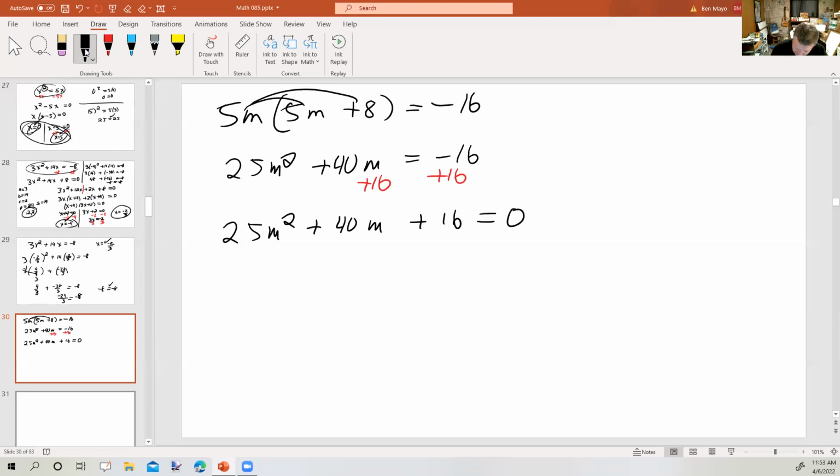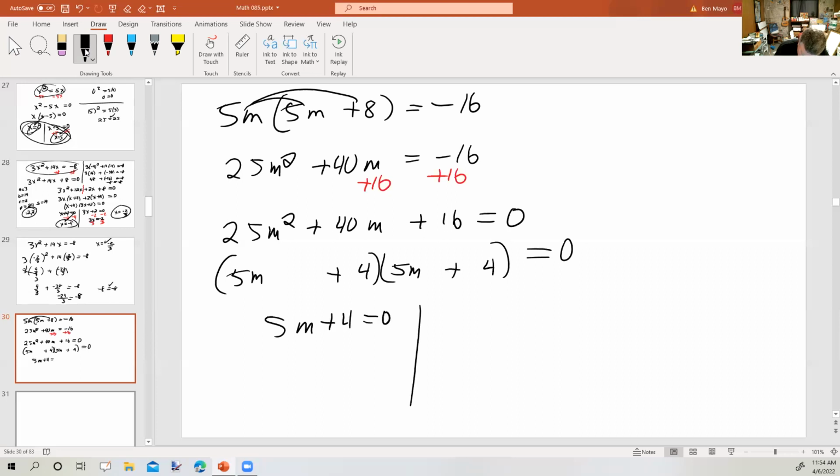Well, you know what? I think this is a perfect square. Let's see, 5m and 4, 5m and 4, plus and plus. Yeah, it is. How about that? So I'm going to take each factor and set it equal to 0 and solve it. 5m plus 4, subtract 4 from both sides. 5m equals -4.